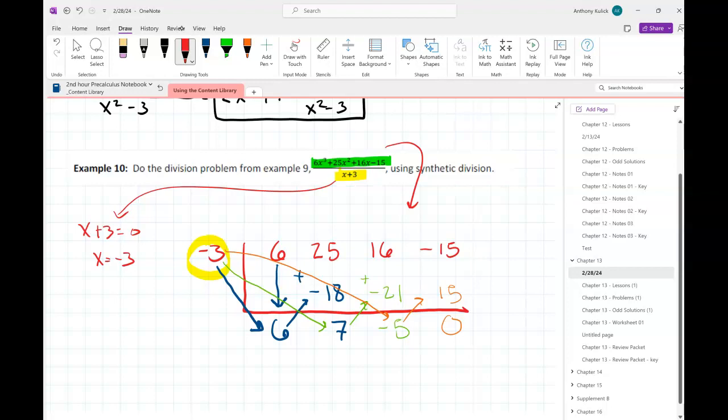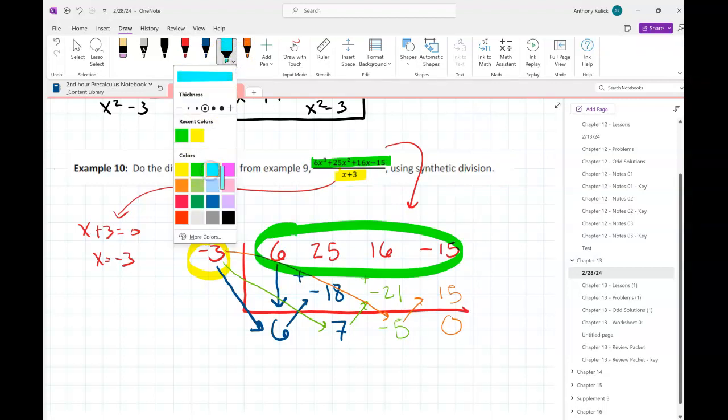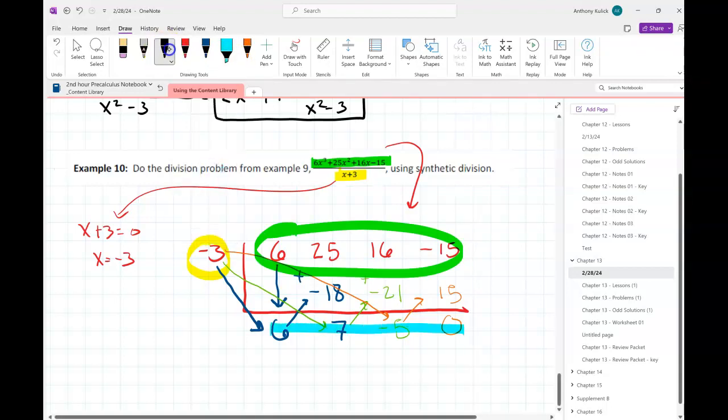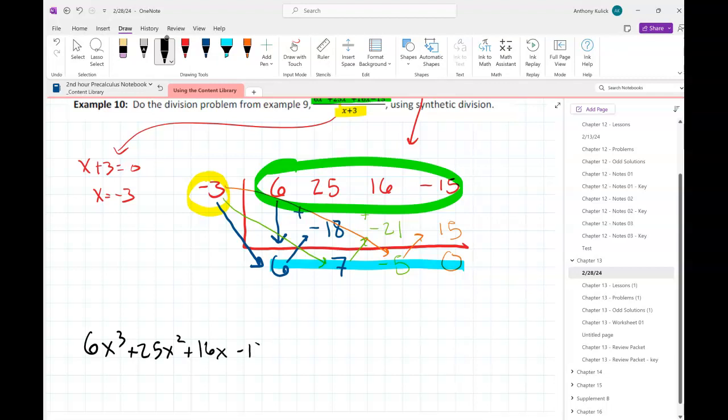So somehow now, these numbers at the bottom tell me the answer. So this is how this works. We start at the far right. That number's our remainder. And then for our quotient, that's the constant, the x coefficient, and the x squared coefficient.